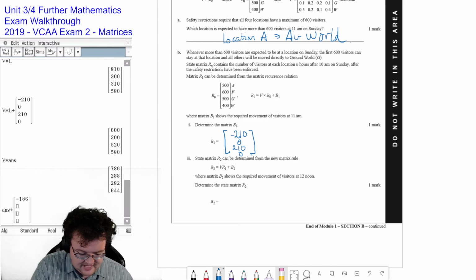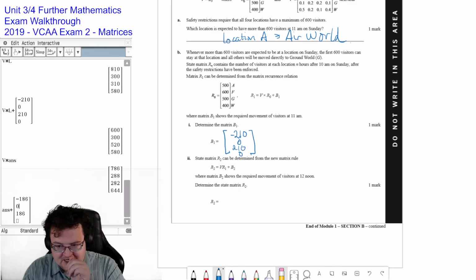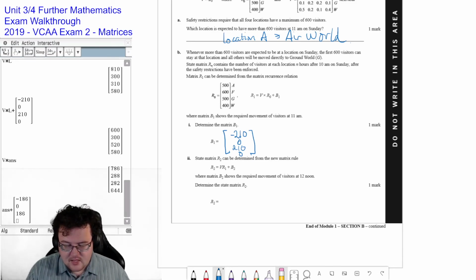So that means we're going to have to add 186 here. We don't need to change anything about that one. Now, how many over are we in W? Well, we're 44 over. Now I'm going to go back up and put 44 onto that 186, which puts it to 230.